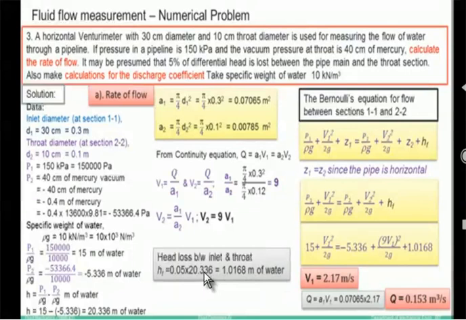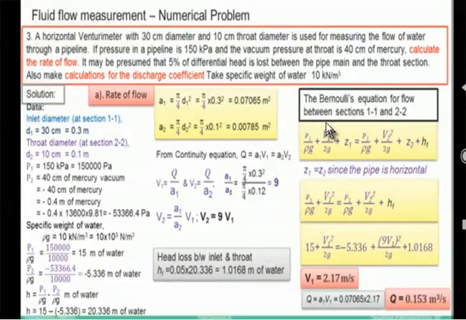This 20.336 is the piezometric head, multiplied by the percentage of the head loss. That will give us the head loss between inlet and throat.